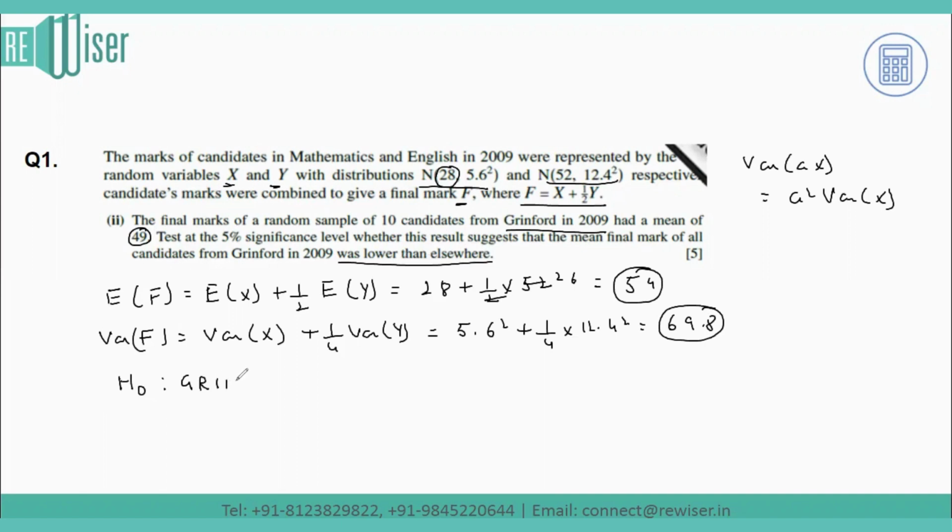The null hypothesis is that the Grinford mean is equal to the value that we have calculated for the expected value of f, which is 54. For the alternate hypothesis, we'll write that the Grinford mean, since it's a one-tailed test, has to be less than 54.